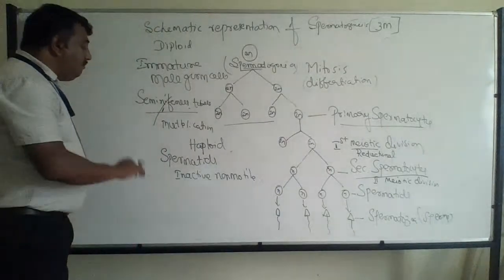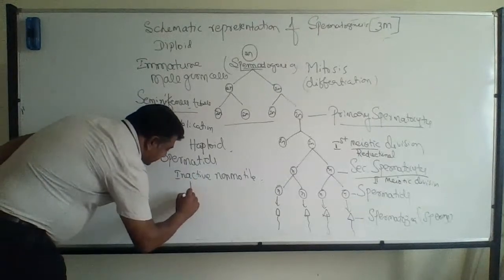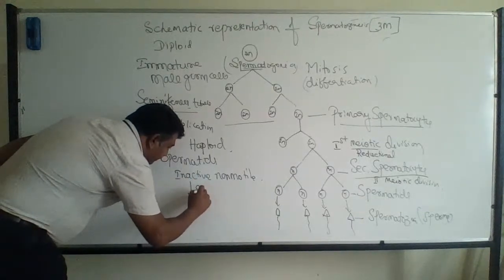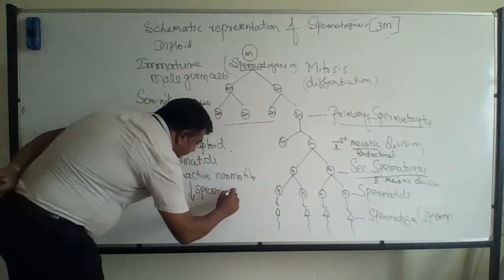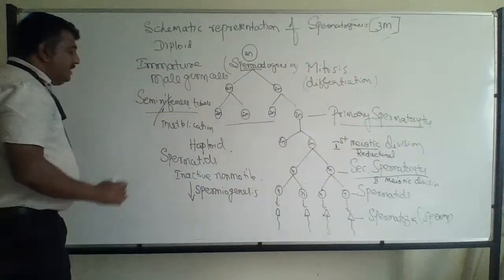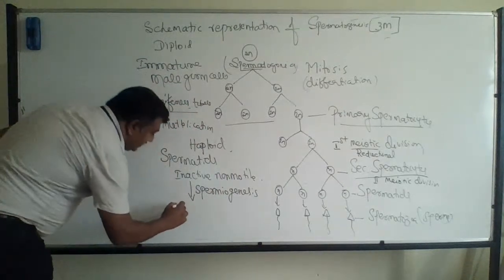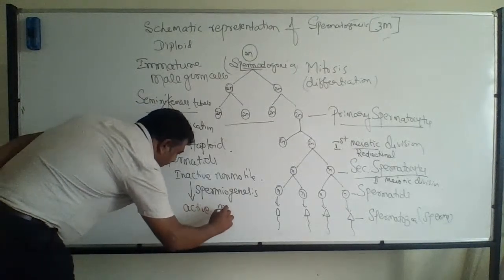Next, these spermatids undergo one more process, which we call spermiogenesis. At that time these spermatids become active and motile.